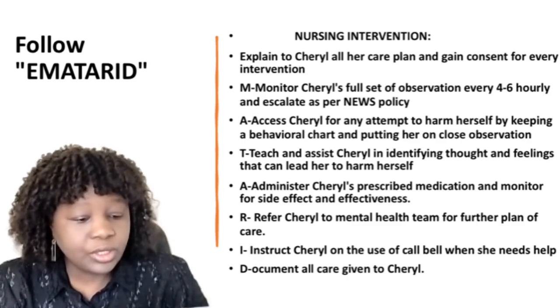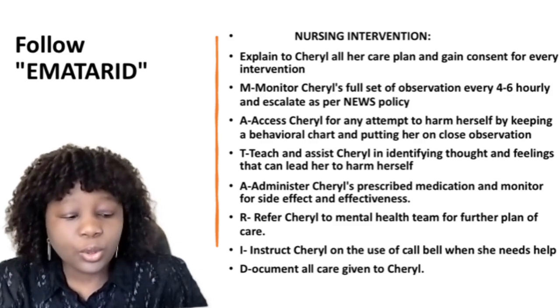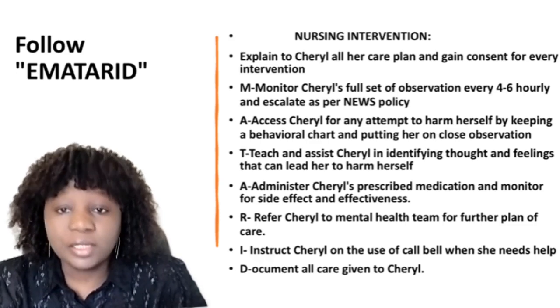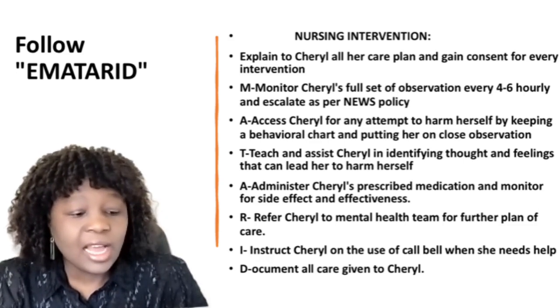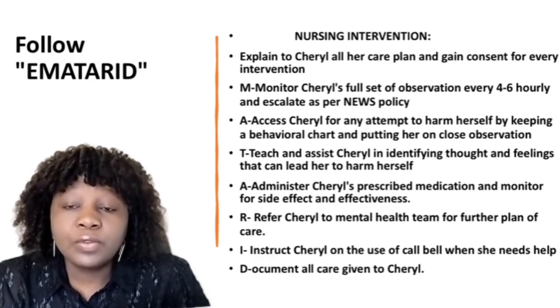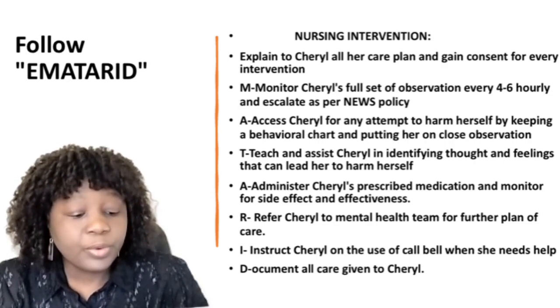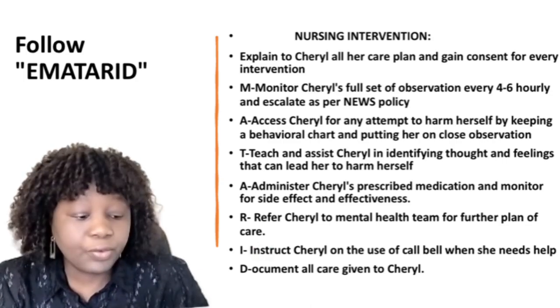And the next one is the T. What do you want to teach Cheryl? Teach and assist Cheryl in identifying thoughts and feelings that can lead her to wanting to harm herself. And the next one is A. Administer Cheryl's prescribed medication and monitor for side effects and effectiveness. And the R. Refer Cheryl to mental health team for further plan of care.